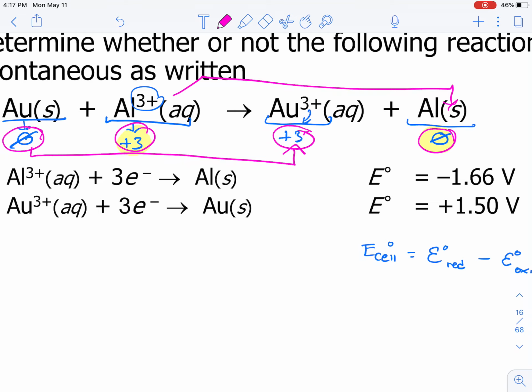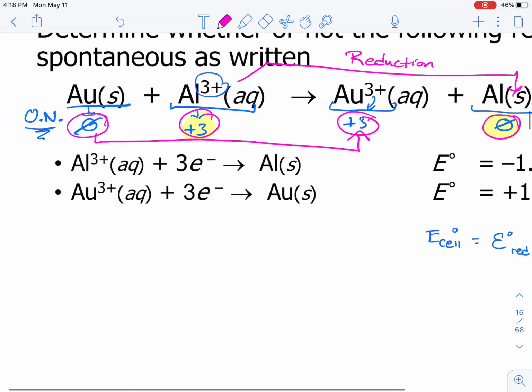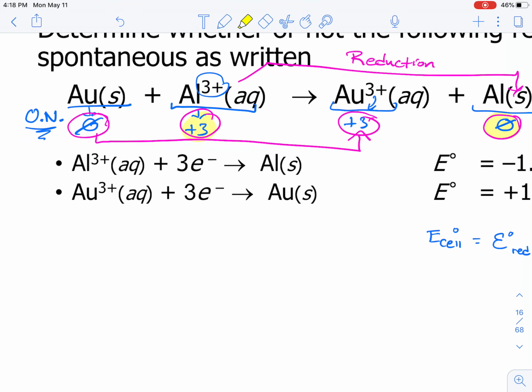Notice that my oxidation number is decreasing as I go from the reactants to products. Therefore, aluminum is probably undergoing reduction. Now, if I look at my oxidation number for gold before the reaction and gold after the reaction, notice that the oxidation number is going up. So it's most likely that the gold is undergoing oxidation with the way that it's currently set up.